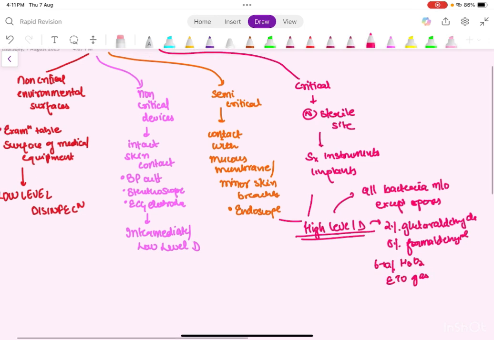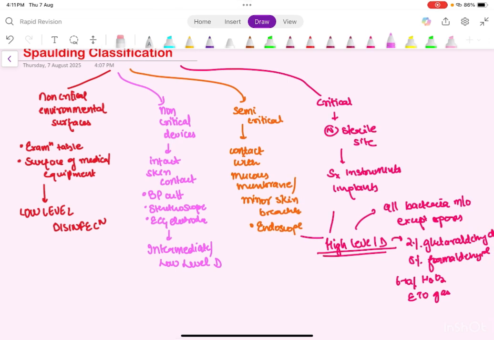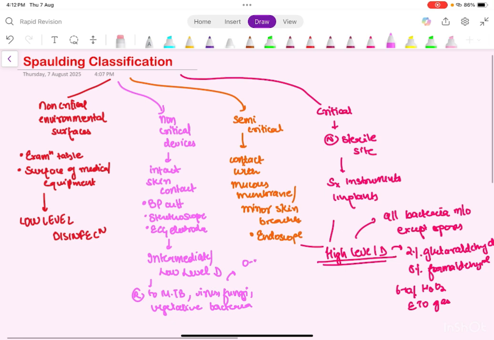Okay, now in intermediate level disinfection, you have resistance to Mycobacterium tuberculosis, then viruses, fungi, and vegetative bacteria. So all these won't be killed in intermediate disinfection.